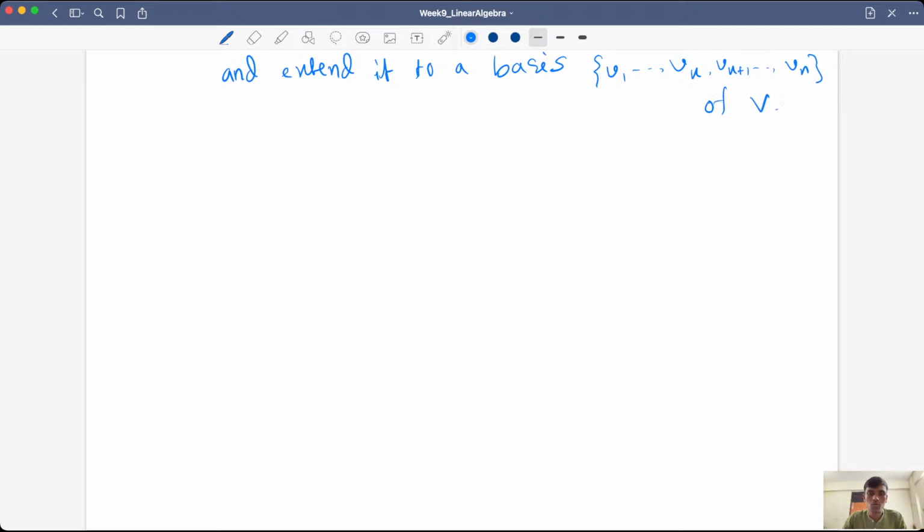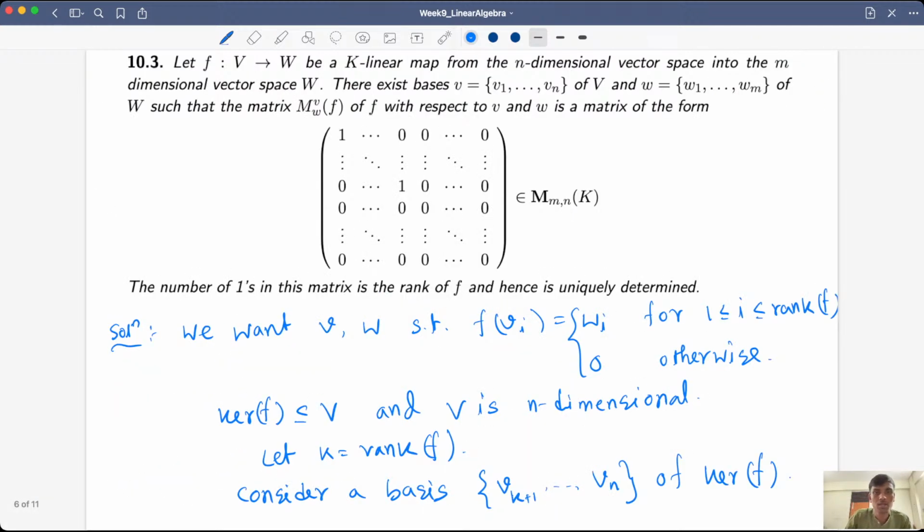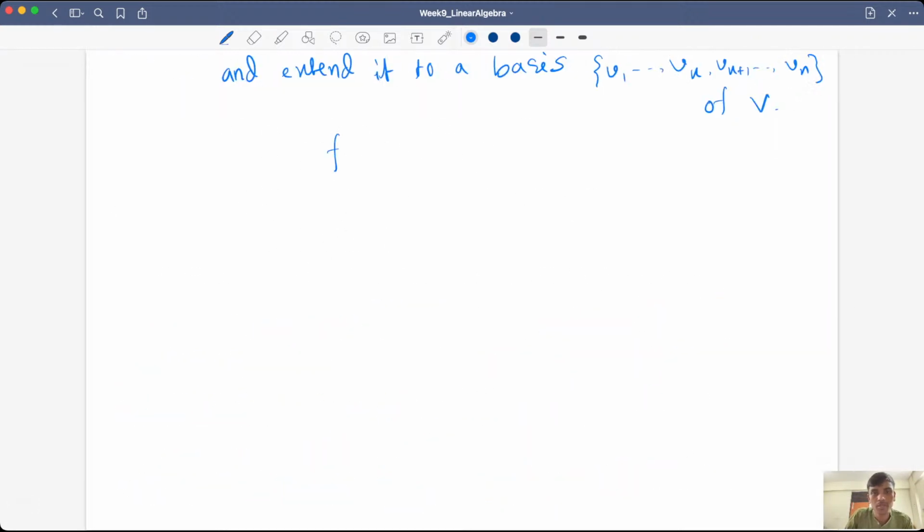Okay, now as this is the kernel, clearly I have f of vi equal to 0 for k plus 1 less equal to i less equal to n.